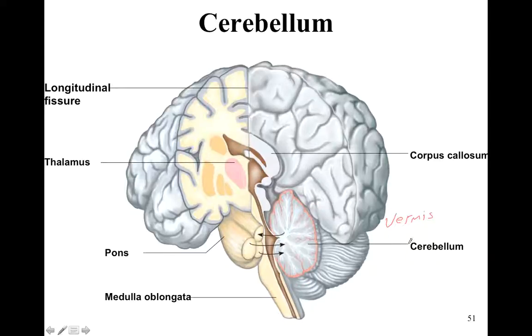The cerebral cortex is gray matter, and then there's white matter in there, and that white matter is called the arbor vitae, or tree of life.